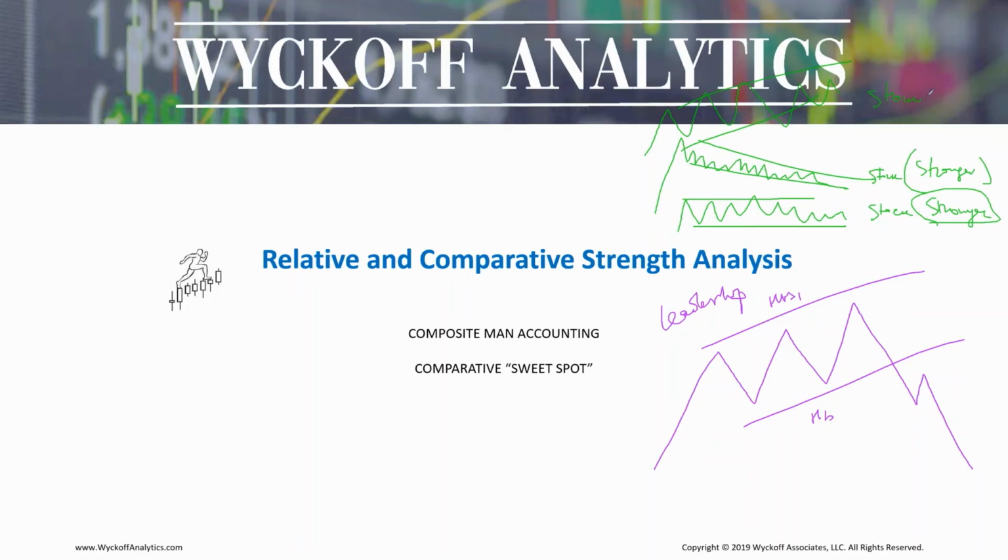So stronger or weaker? The same, right? So the stock could behave the same way comparatively as the market. And the relative strength line is just going to be flat, nothing else.